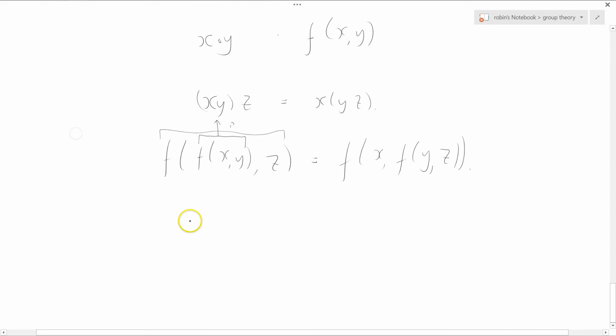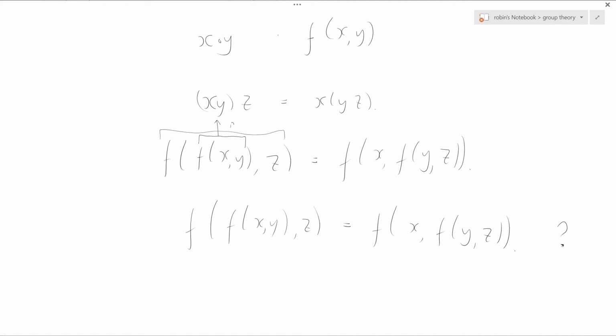And the longer you stare at this equation, the more confusing it gets. All it is is the associativity rule, but written in a slightly less amenable notation. And I'm going to put a question mark by that, because the more you think about it, the more confusing it gets. Why on earth should these two things be equal?